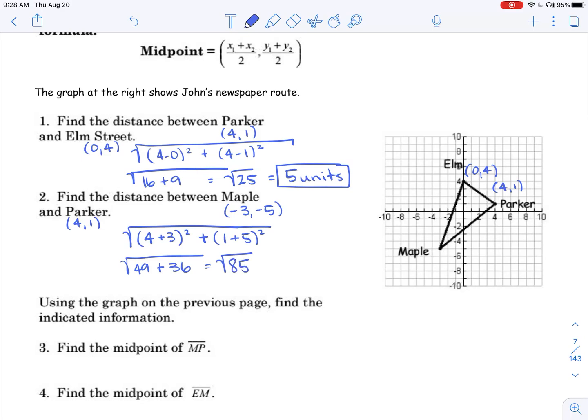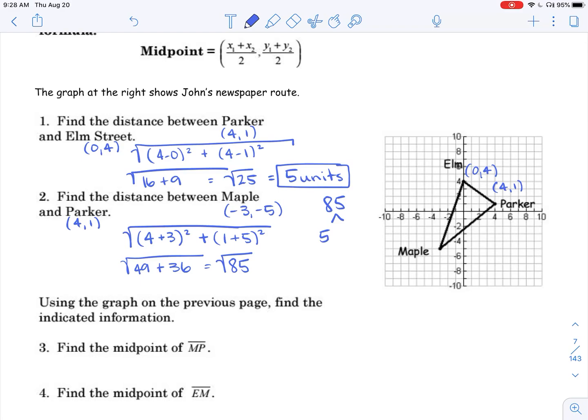And what I don't want you to do is to plug that into the calculator. What I do want you to do is to see if it can simplify. So this is one of those things that you learn at the end of algebra, and we recap it every year. We're going to start out with 85, and we're going to create our factor tree. 85 is 5 times, I believe it's 15 or 17.